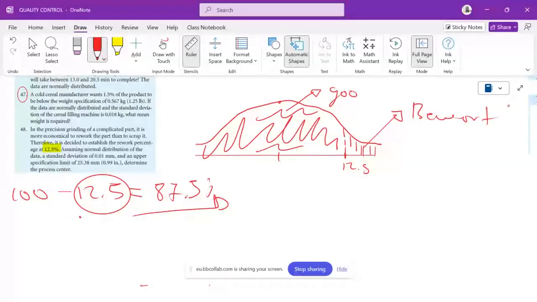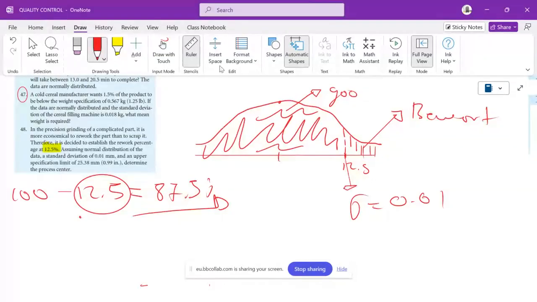Then the upper limit now, they have an upper limit there. They have a standard deviation of 0.01 and an upper specification limit of 25.38.